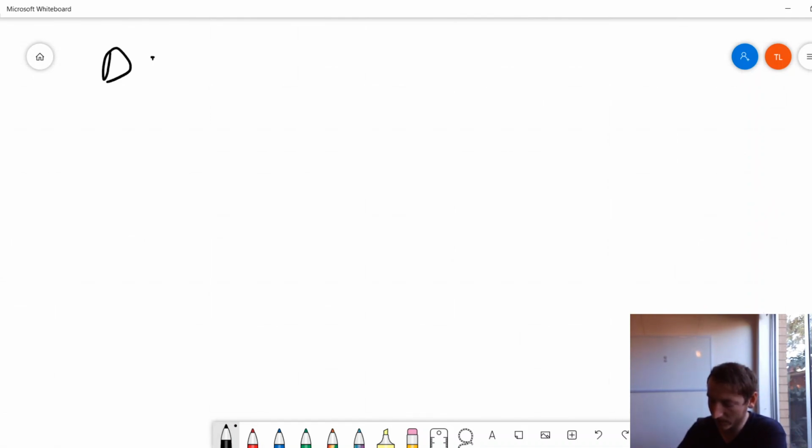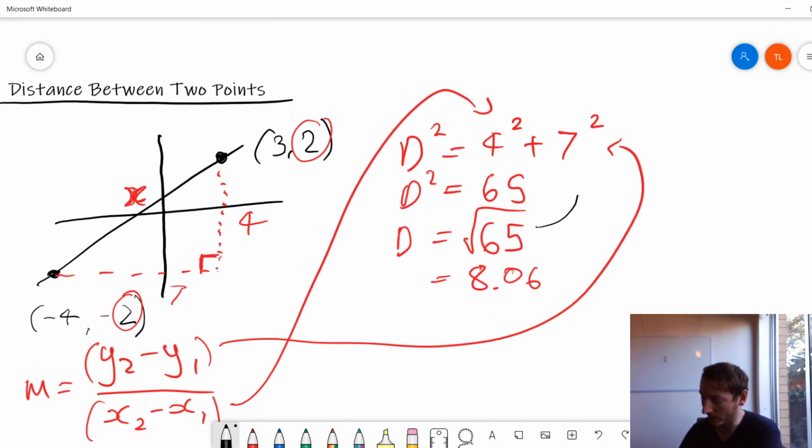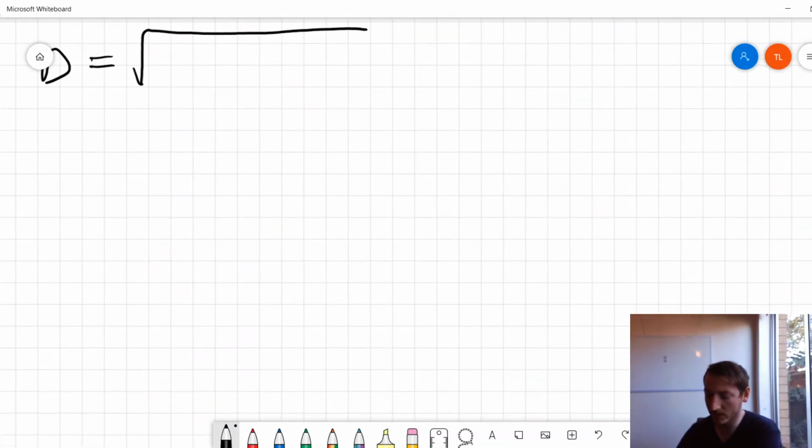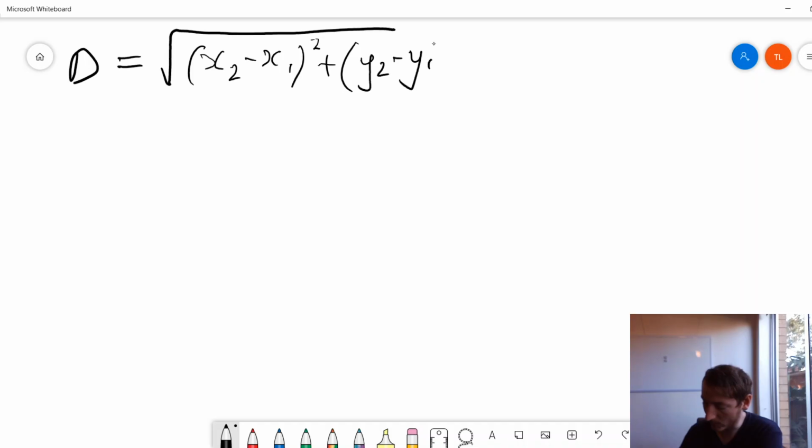So distance equals the square root of, if you remember up here, we had to square root this at the end, so we're just doing it at the start this time. Distance equals the square root of x2 minus x1, the distance horizontally, squared, plus y2 minus y1 squared.